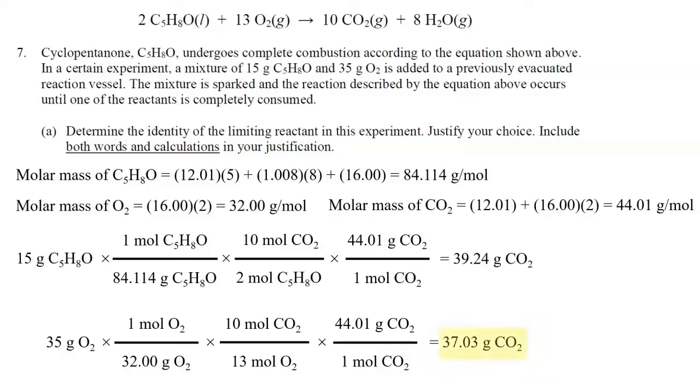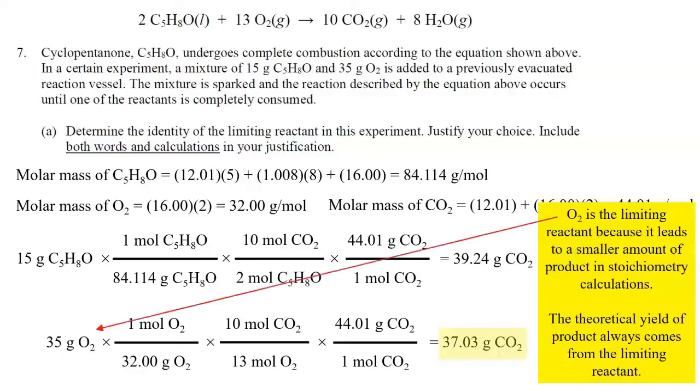So since 37 is smaller than 39, that means that O2 is the limiting reactant because it leads to a smaller amount of product in our stoichiometry calculations. The theoretical yield of product always comes from the limiting reactant. So that 37.03 grams is a smaller value than 39.24. So I focus on that, and that tells me that O2 is the limiting reactant.